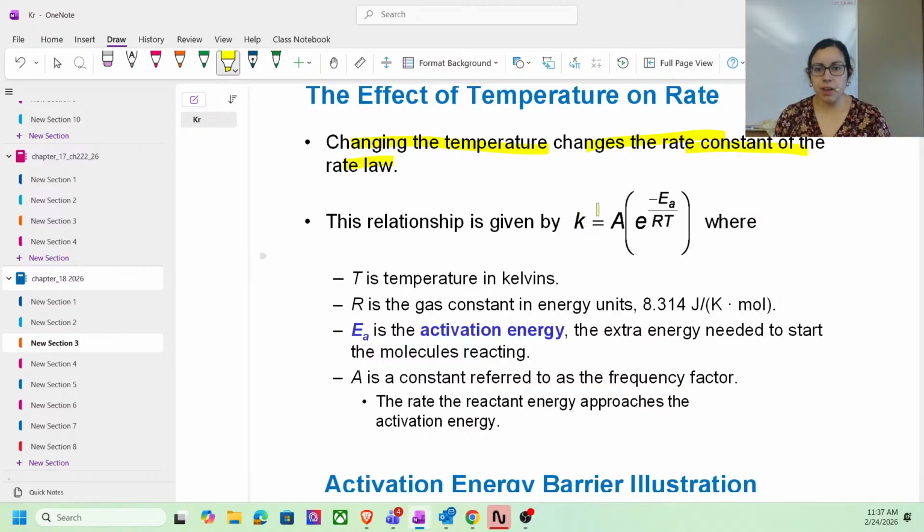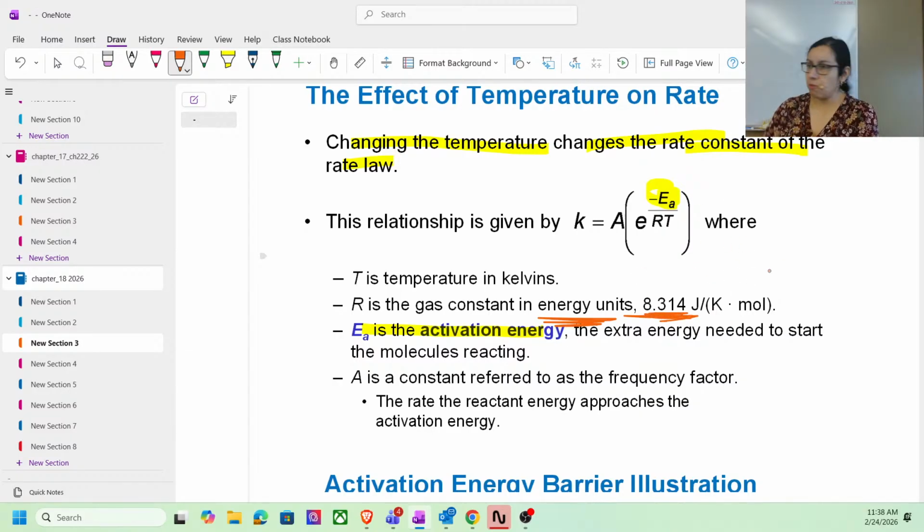We're given that our rate is equal to A times e to the power of negative Ea divided by RT. A is just our frequency factor, so a constant. Our activation energy goes up there, and now we are back in energy land, which means we're using the energy gas constant for this equation.